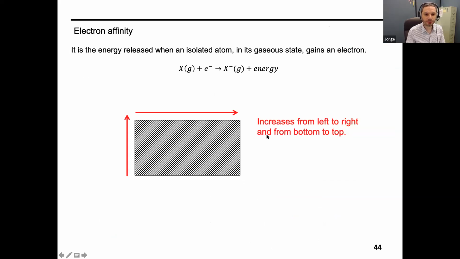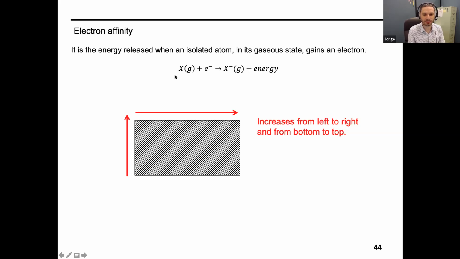Okay, so for today, what's left is to talk about electron affinity. Electron affinity is basically the opposite of ionization energy. It is defined as the energy released when an isolated atom in its gas state gains an electron.